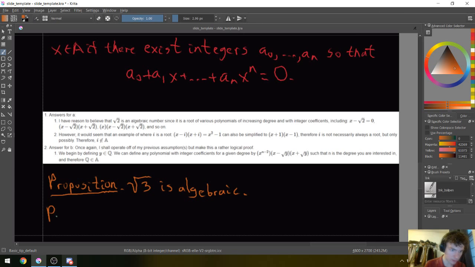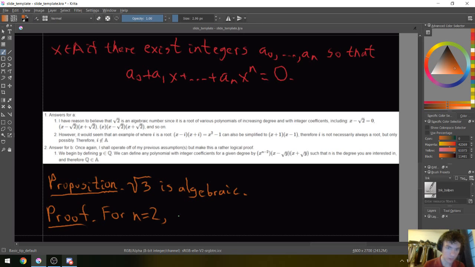Proof: what n do I want? I think I only need a second order, so I'll say n equals 2. And what coefficients do I need? Let a2 equal 1, so the thing in front of the x squared will be 1.